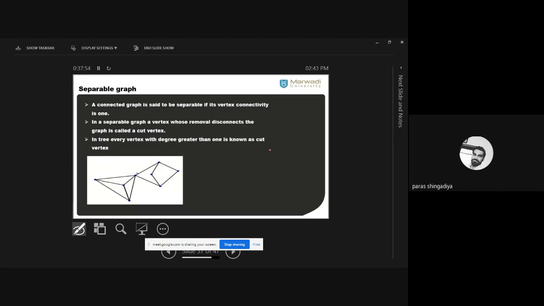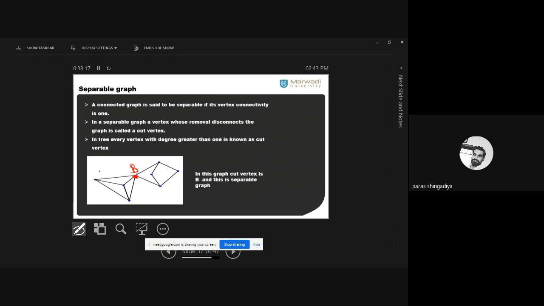Here one of the graphs is given, so we'll check its vertex connectivity. If it is 1, then this graph is known as a separable graph. Here we can easily say that the vertex is B. Clear? If you delete B from the graph, only a single vertex is required.